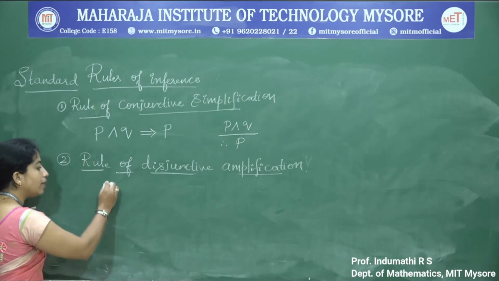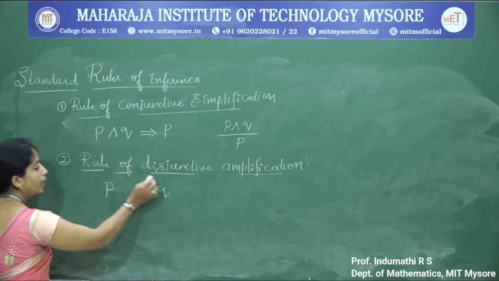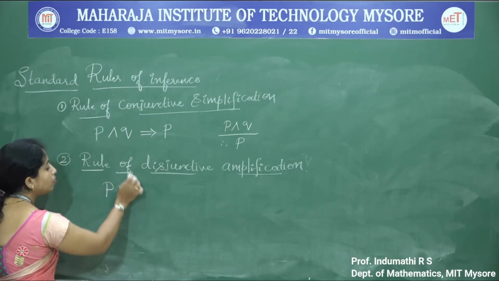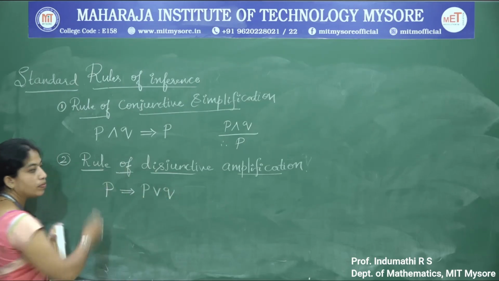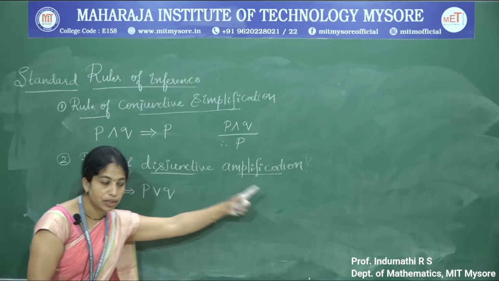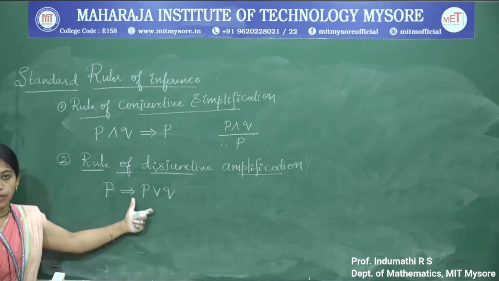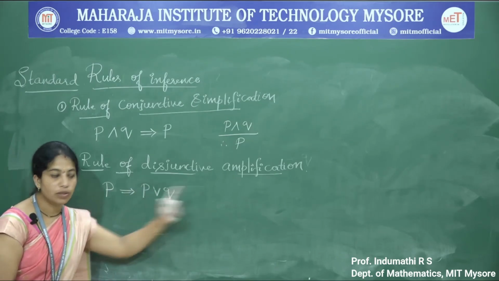What is that rule? For any two propositions P and Q, if P is true, then P disjunction Q is true.